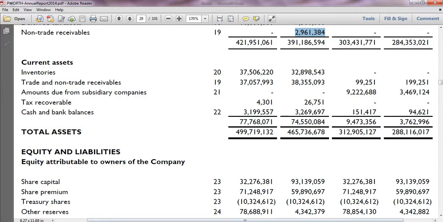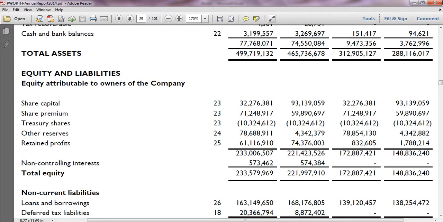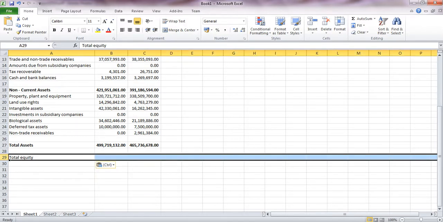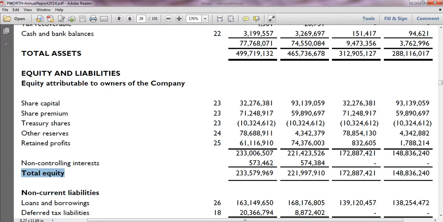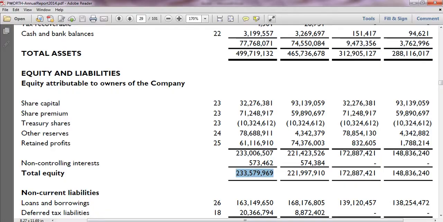The next one, equities and liabilities. So this is total equities, right? Total equities. I'll show you something very interesting. Okay, so I just copy this word and paste it over here, and then bold the entire thing. And the next thing I'm going to do is just copy this, paste it, and paste over here.